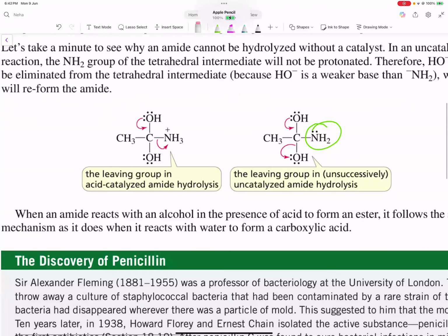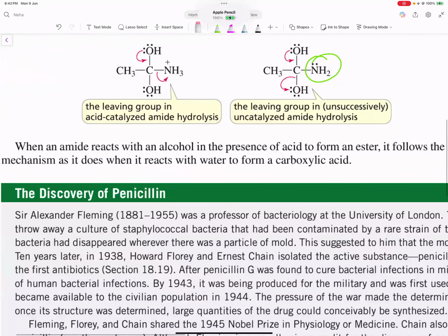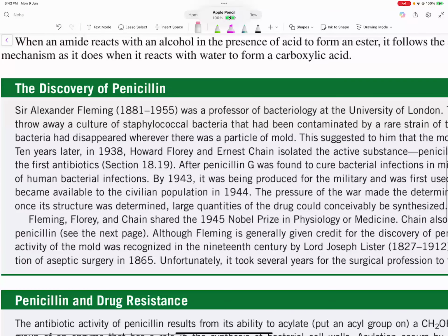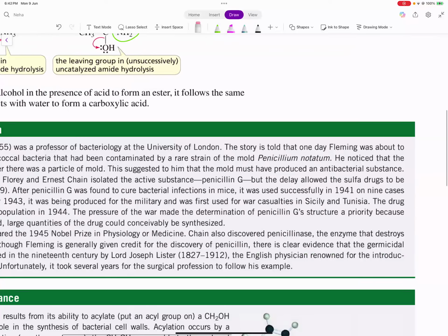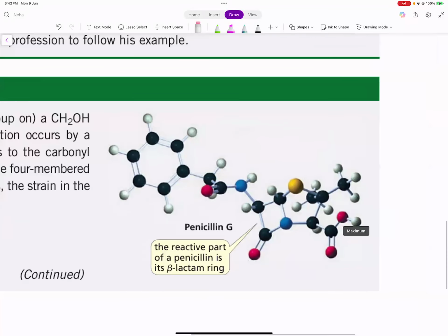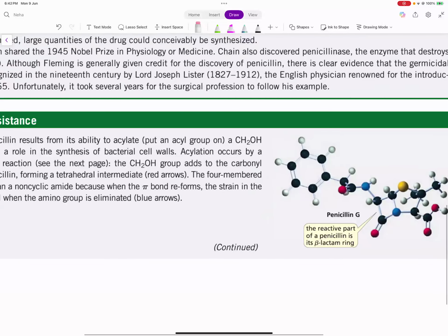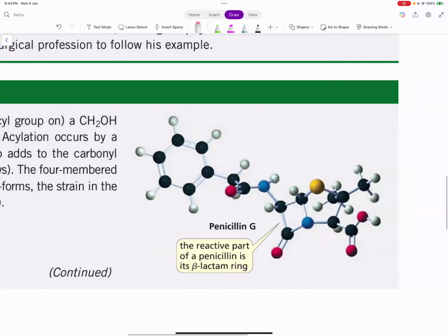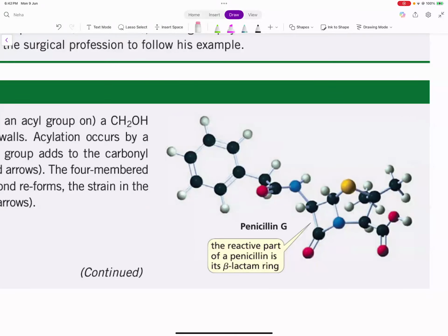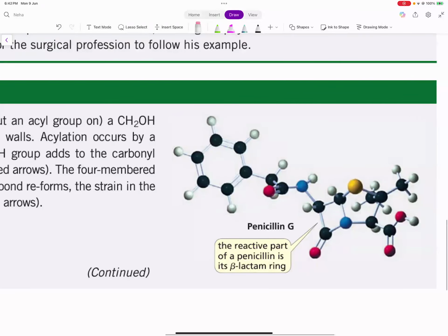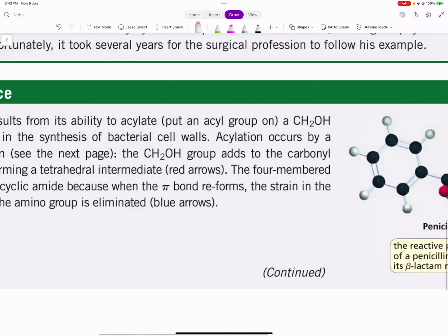Now this is penicillin. This was penicillin G. The most active part is the beta lactam ring, the four-membered ring. I was talking about it yesterday, right? I think it was done in 1957.